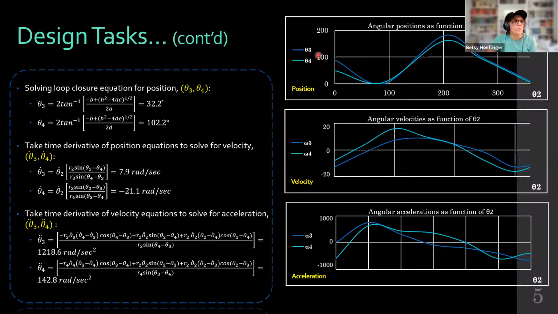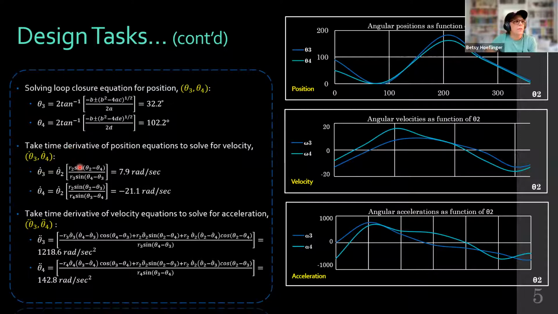And then correlating to those equations up on the top right, you'll see the position versus angular displacement of theta2, or as a function of theta2. So you see the legend here, we have both theta3 and theta4 as a function of theta2 mapped out here.